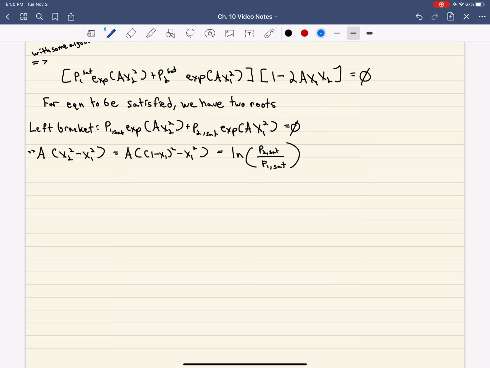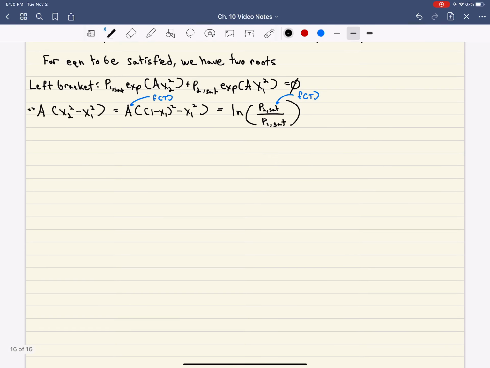The thing I want to remind you is that the two vapor pressures here are both a function of temperature, and this Margules parameter here is also a function of temperature. So as we change the temperature of our system, it's going to change these values, and as a result, it's also going to change the x1 that satisfies this equation. Okay?